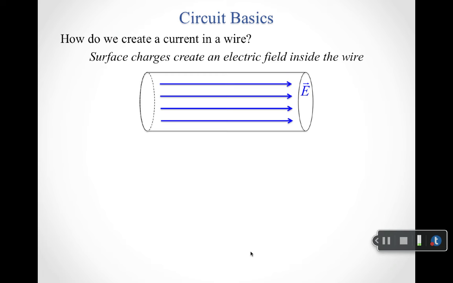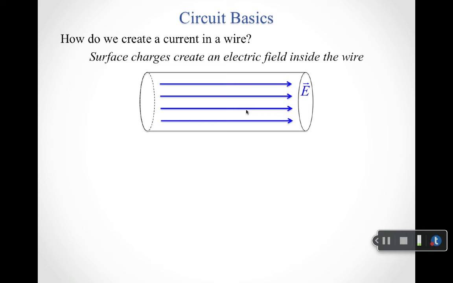So how do you create a current within a wire? Well, we've talked about how if I have a conductor, right? So my wires, they're made of metals, they're conductors. In a static equilibrium situation, the charges are going to rearrange themselves on the surface of the conductor so that there's no electric field. Well, electrostatic equilibrium says that there's no current.